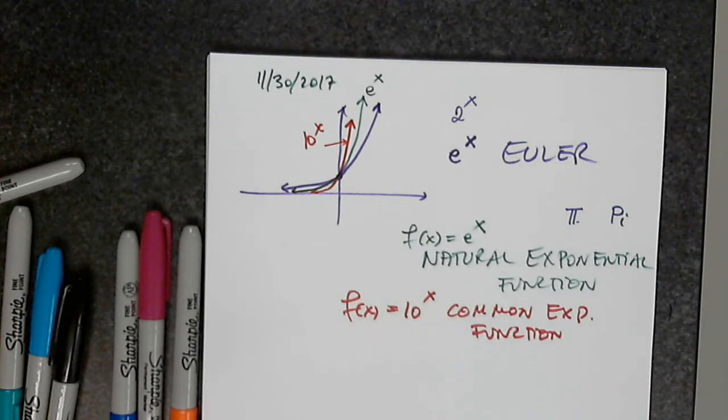And now let's look at the last one. Allow me to put them in the same order, because I want you to see that 2 is the furthest away from the y-axis. E will be closer, and 10 will be the closest. So let's delete this one. I'm sorry, forgive me. So clear this and put it in the next one. That's where I want to put 10 to the x so we can see.